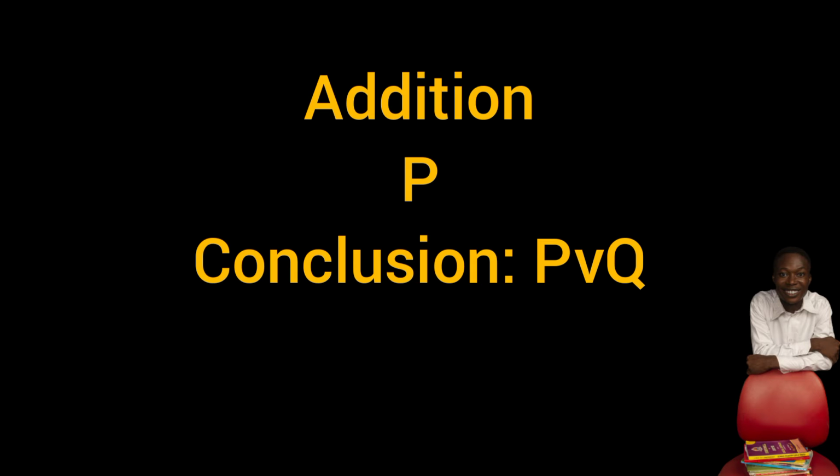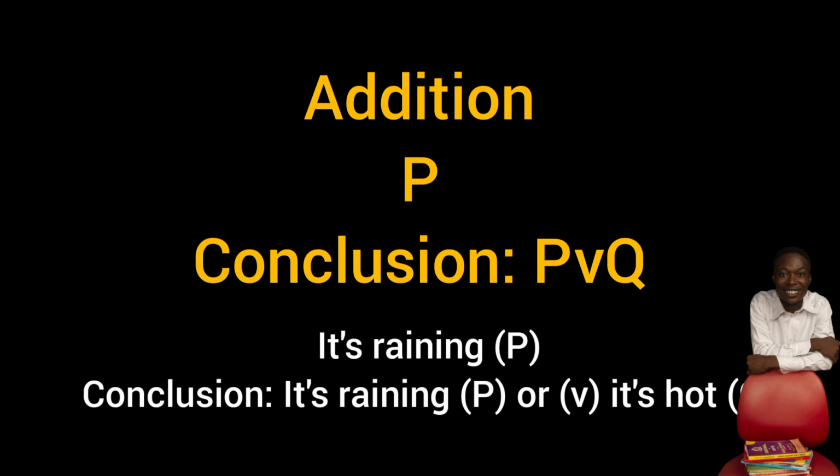Okay, the next one is addition. Addition is P, right? P is the first one, which is true. Now, P, therefore, P or Q. Now, we could say P stands for it is raining, and Q could stand for it is hot. Therefore, P or Q means it is raining or it is hot.